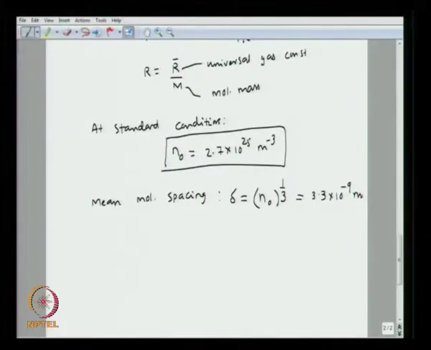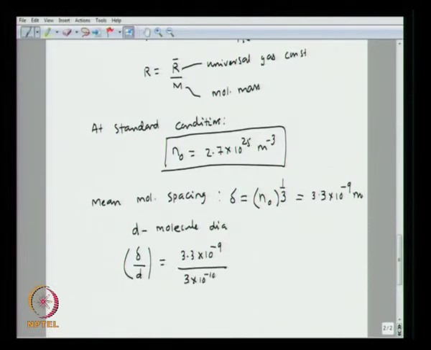So, if D is the molecule diameter, and the ratio of delta to D, for example in the case of nitrogen, delta is going to be 3.3 into 10 to the power minus 9. The diameter will be about 3 into 10 to the power minus 10. So this ratio will be about 10, which is greater than 1.